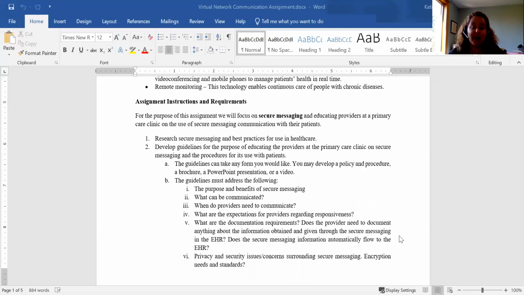I think the method that I'm the most familiar with is through electronic health records, of course, and the messaging functionality that's available there through their different personal health records, or their record system for patients.